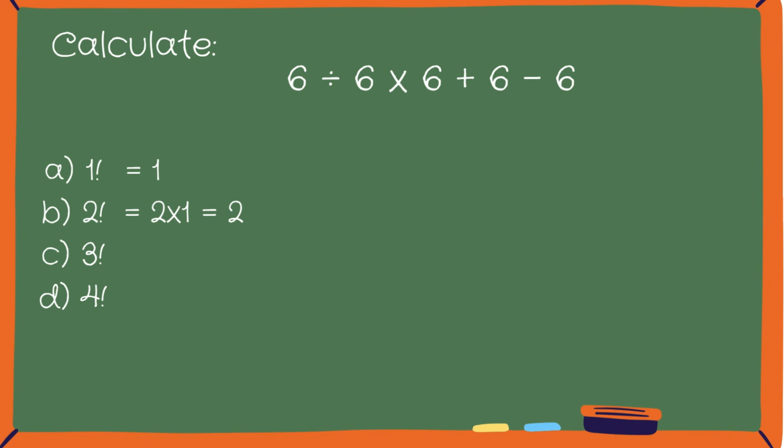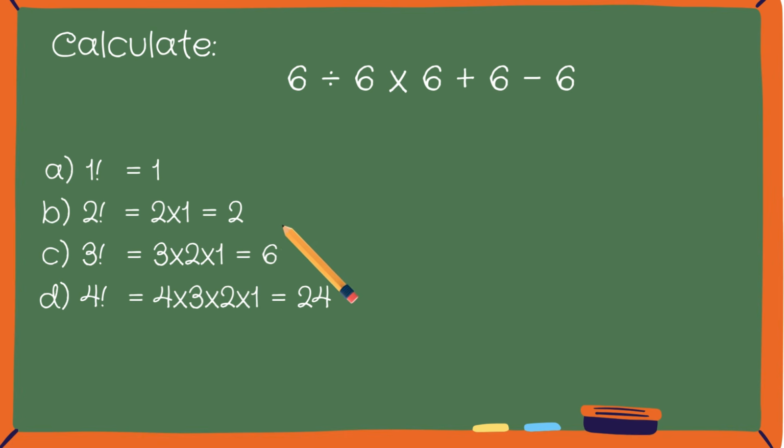Factorial of 3 is 3 multiplied by 2, multiplied by 1, and factorial of 4 will be 4 multiplied by 3, multiplied by 2, multiplied by 1. So alternative A will be 1, alternative B will be 2, alternative C will be 6, and alternative D will be 24. Now that we have a clearer view of the alternatives, let's solve this.